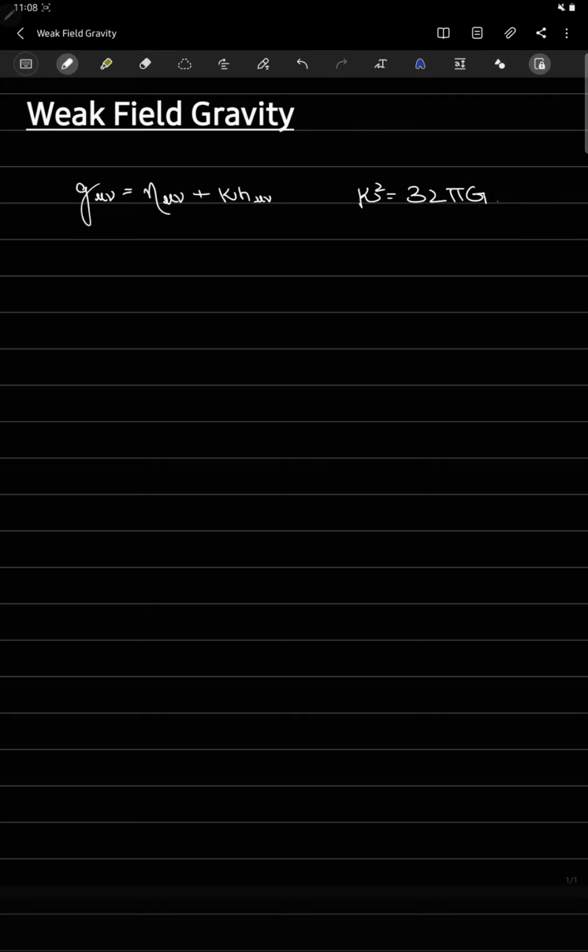So with the help of this metric, if I put this in the Riemann tensor, I can derive my Ricci tensor R mu nu, and from that R mu nu I can also derive the Ricci scalar R, the scalar curvature.